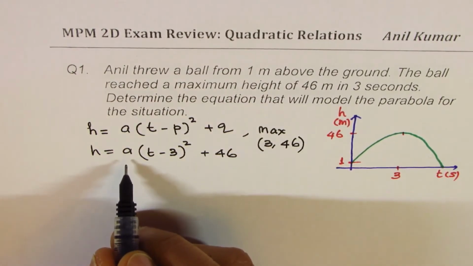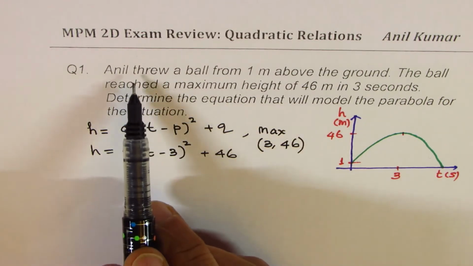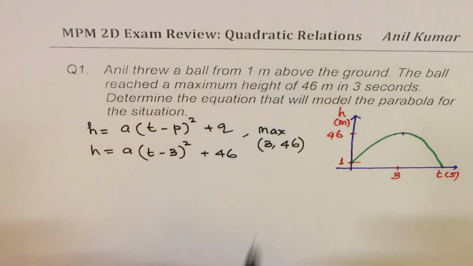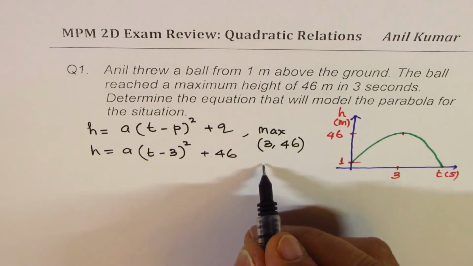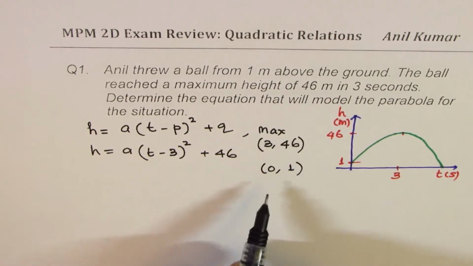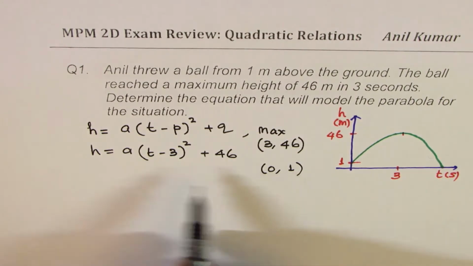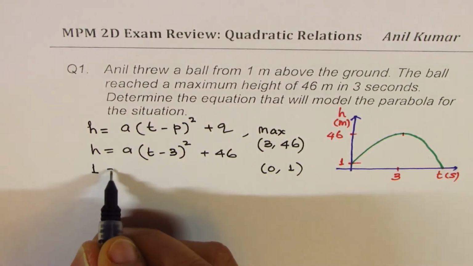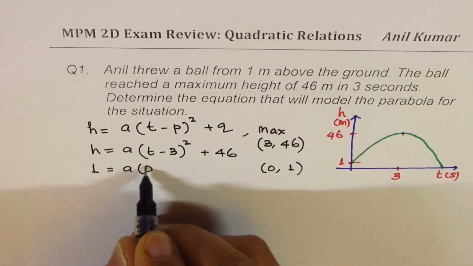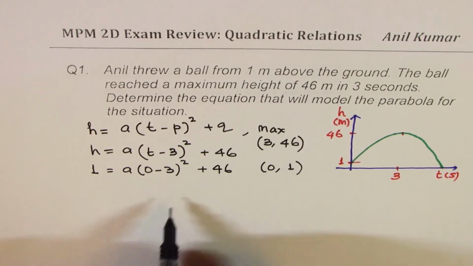Now to find the value of a, we can use the information that Anil threw a ball from 1 meter above the ground. That is to say that at t equals 0, the height was 1 meter. So I'm going to substitute 0 for time and 1 for height. I get 1 equals a times (0 minus 3) whole square plus 46.